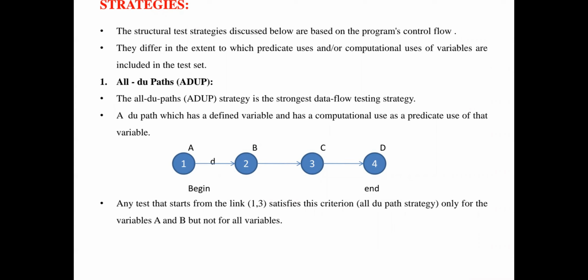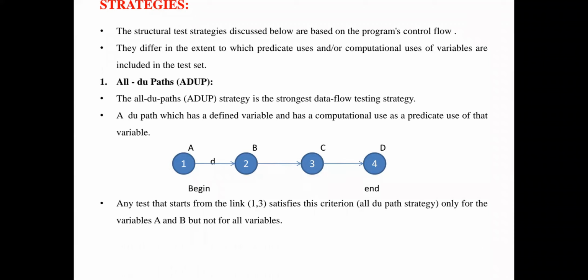Say the test starts from 1, 2, 3. For example, you are taking the path 1, 2, 3, or 1, 3. If we have four links, it is not compulsory that all four links be involved. You can take any subpath for the strategy. Here I am taking 1, 3.